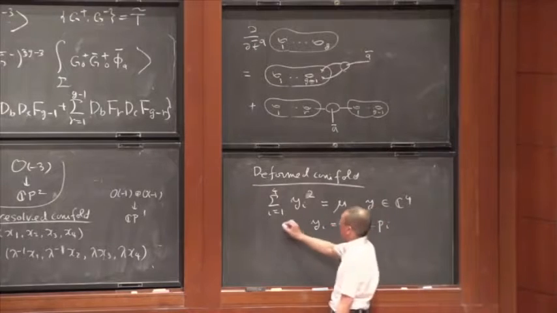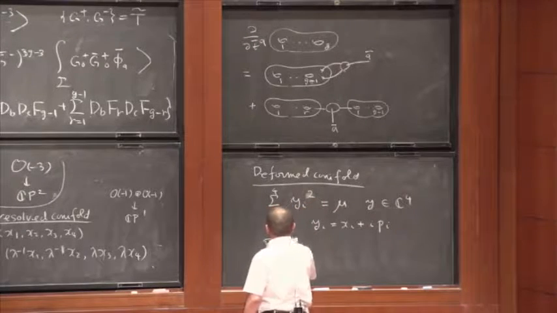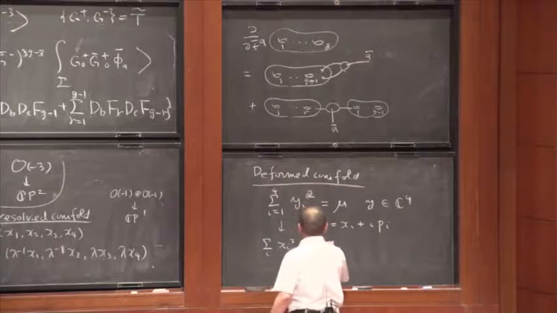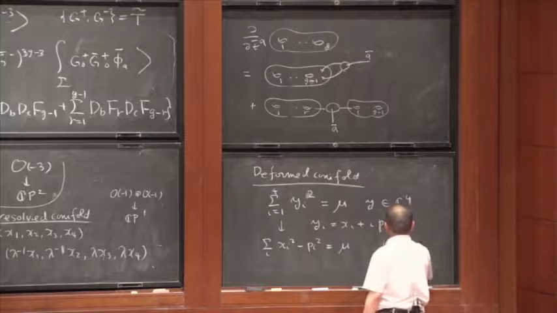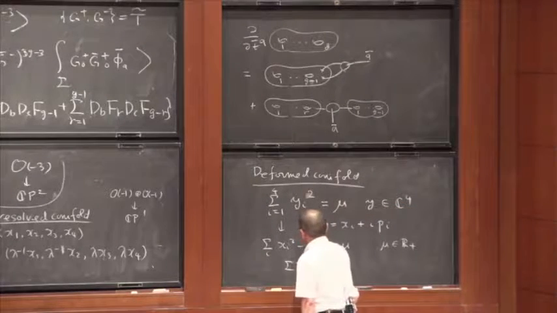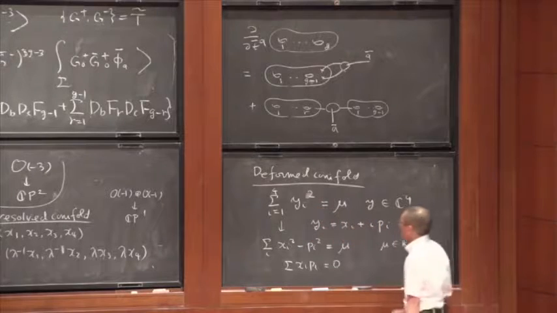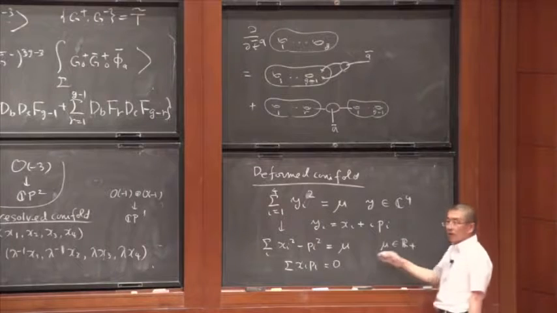Then this equation can be expressed in terms of real coordinates as x_i squared minus p_i squared is equal to mu. And suppose mu is real and positive. Then you see that the other equation is x_i p_i is equal to 0. Then you see that at the locus when p is equal to 0, this is just a 3-sphere.